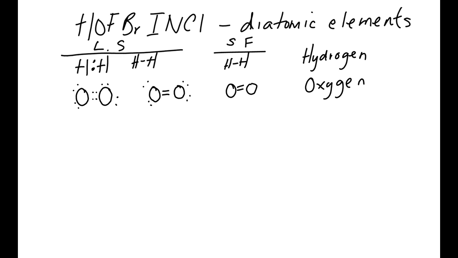N2. Now nitrogen has 5 valence electrons. So how many more electrons does it need? 3. So it's going to form 3 bonds. So you're going to put 3 electrons between. We're going to put the other 2 opposite because they're negatively charged. They like to be far apart.